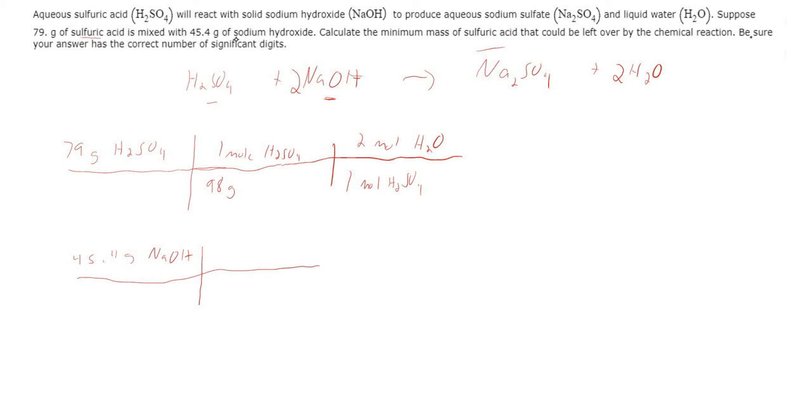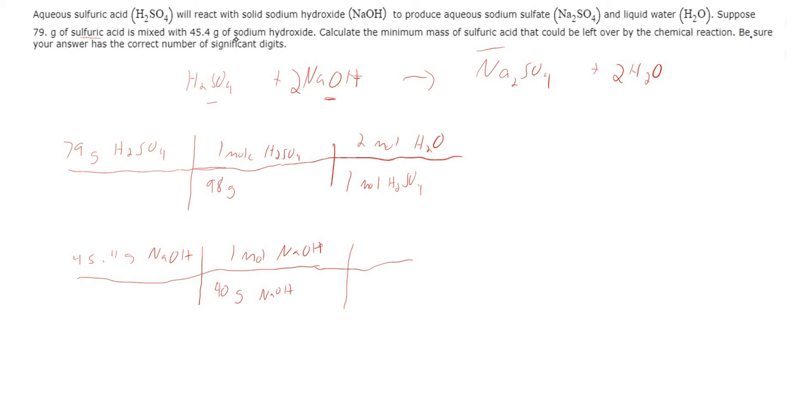Now we got to convert to moles, and so I know that in sodium hydroxide, that's 23, and 16 is 39, 40. So there are 40 grams of sodium hydroxide in 1 mole of sodium hydroxide. Now again, we need to choose the exact same product that we chose in the one up above with the sulfuric acid.